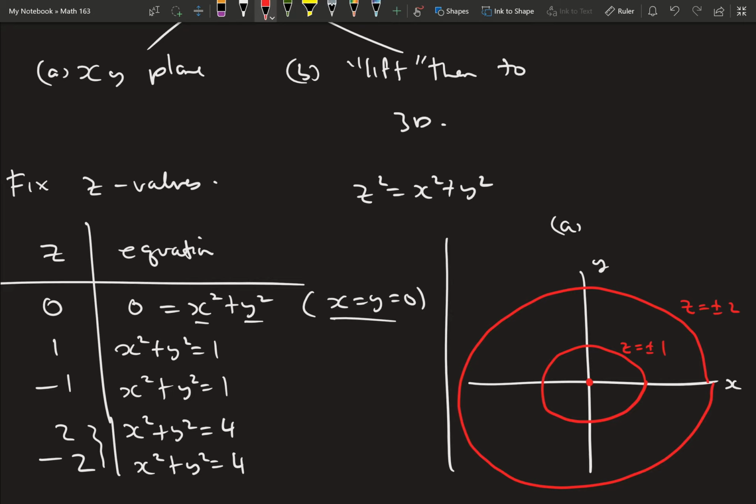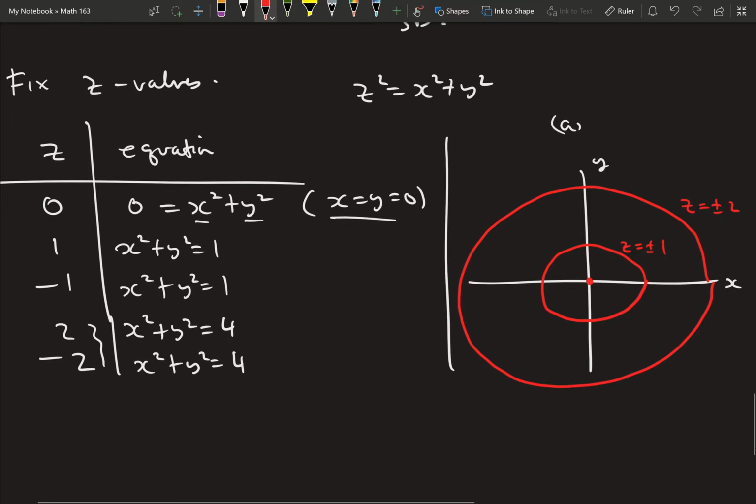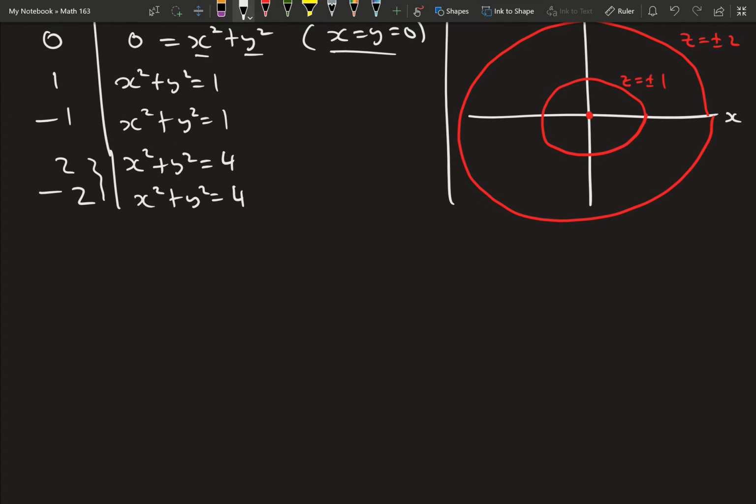Now let's go ahead and lift these to the three-dimensional space. What do we mean by lifting? What we mean is that we're going to start off with the point 0, 0, 0 from the first one right here. And then at the plane z equals 1, so here's the plane z equals 1, we're going to draw that same circle. So the circle of radius 1 gets lifted to the plane z equals 1.